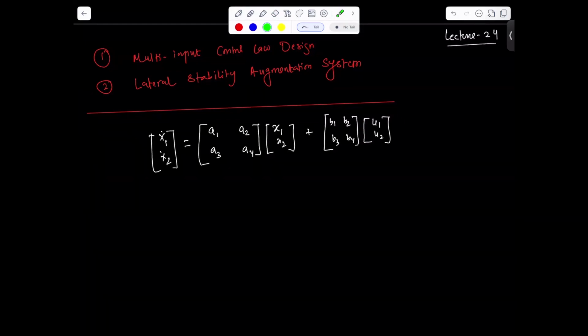If you write it in state space form, we can write x dot equal to Ax plus Bu.